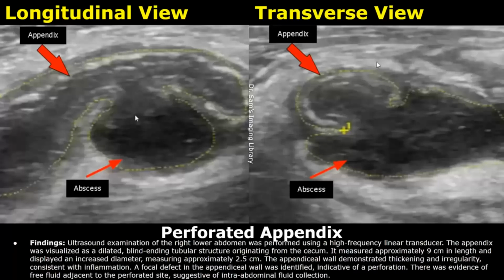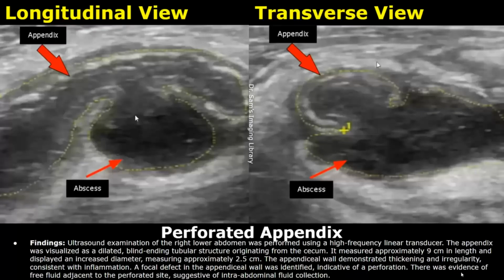These are the findings. Most of the findings are similar to the ones we saw earlier in appendicitis. However, there is a focal defect in the appendiceal wall, indicative of perforation.